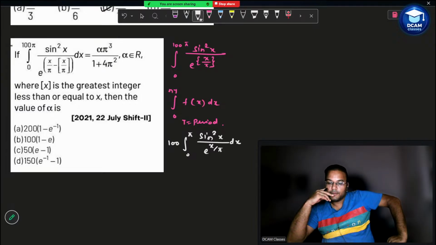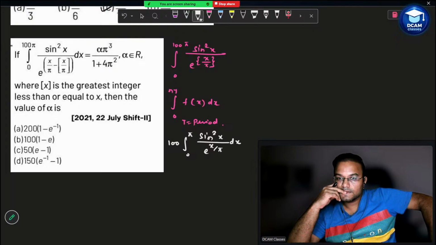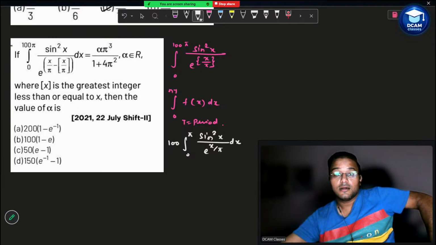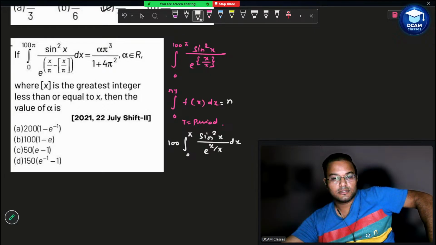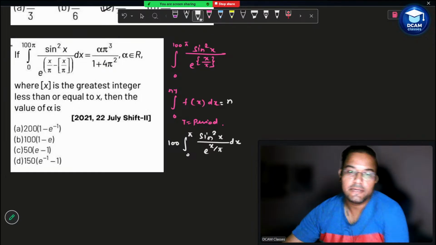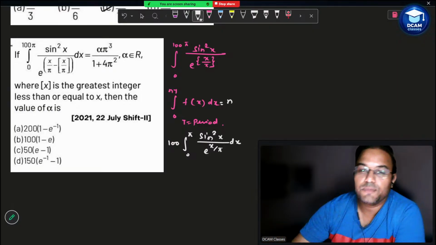Okay, Haripriya, able to understand? Yes. Did you know this property? Sir, how did we remove the fractional part? Samrat, it's actually x by pi, na? The x by pi is the fractional part because x is lying between 0 to pi.